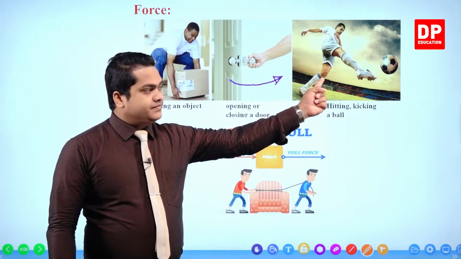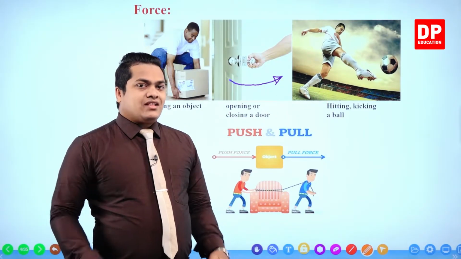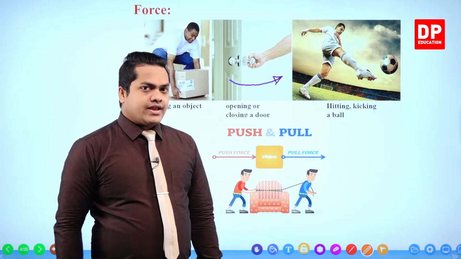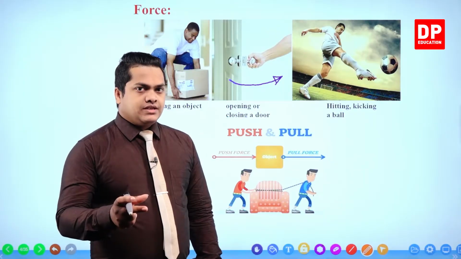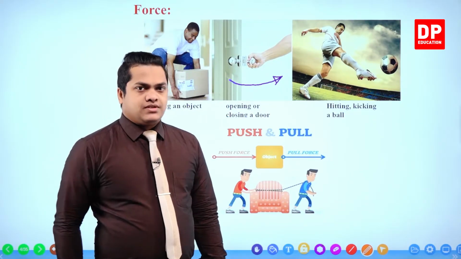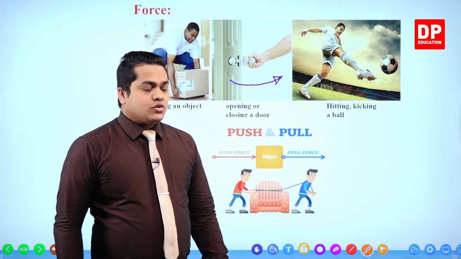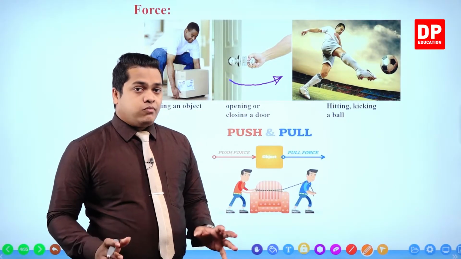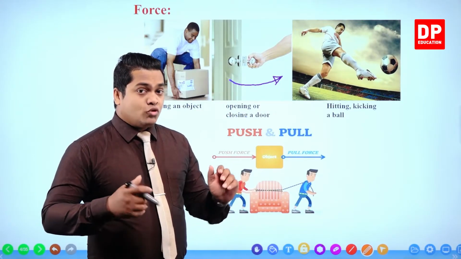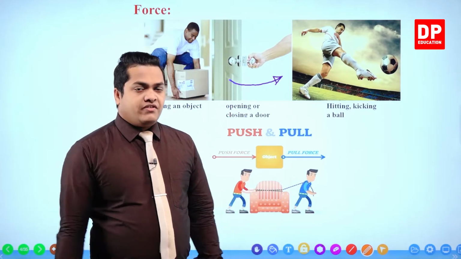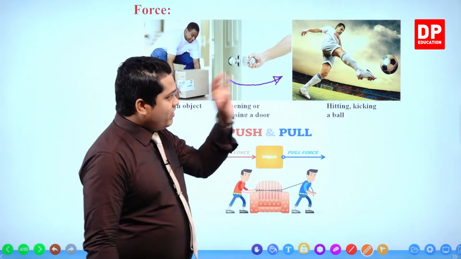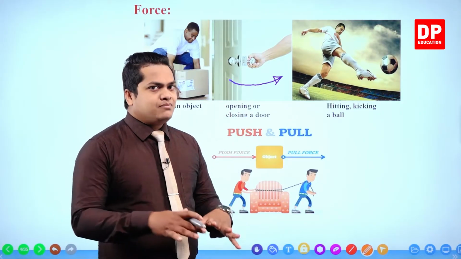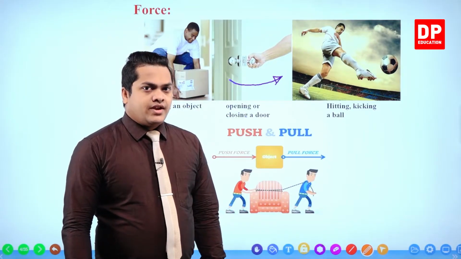Then the third figure here. When the athlete kicks the ball, it is pushed in a certain direction, and always that direction is away from the person. Actually, if he wanted, he could pull it. But within this figure, you can see that he is going to kick the ball in a certain direction. Kicking means pushing, right?